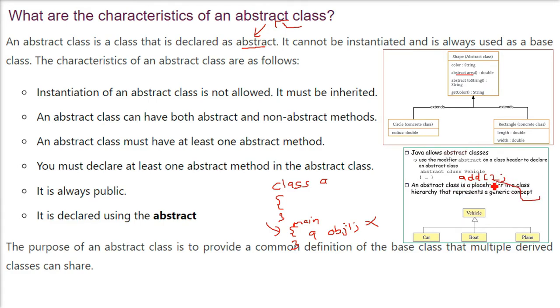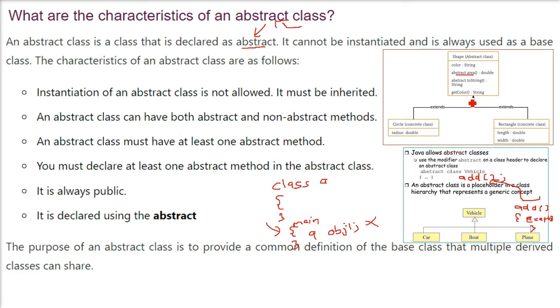Whichever class is inheriting, for example, we have an add function inside this Vehicle. So that class which is inheriting should implement this add. There will be no implementation of add in the abstract class. You have to do it when you inherit it. I hope you got the idea. So you just tell what needs to be done. You don't tell how it is to be done. That is done by the derived class.